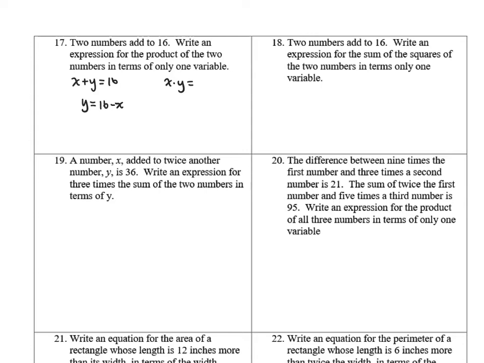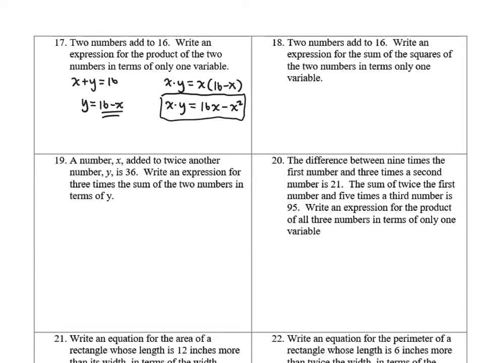That will be equivalent to x times the expression that represents y, which is 16 minus x. So the product of the two numbers written in terms of one variable would be the following. This would be our answer. So x times y, if I only know x, but I know that the two add up to 16, I could write my expression for the product of those two numbers as such.